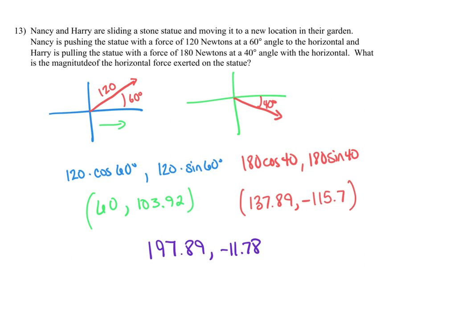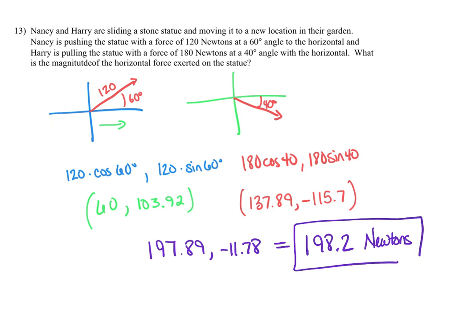Well, that makes me feel better. So they did mean exactly what we thought they meant. When I do this, I got 198.2 newtons, but I rounded within the process, which is fine. Their answer probably did not round.